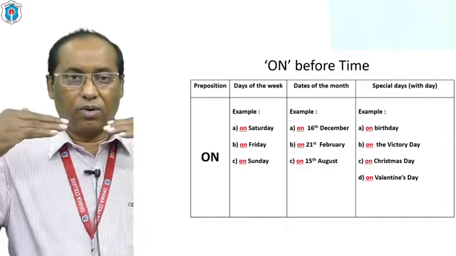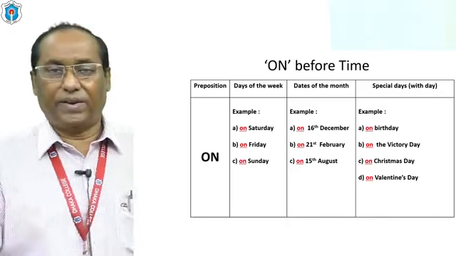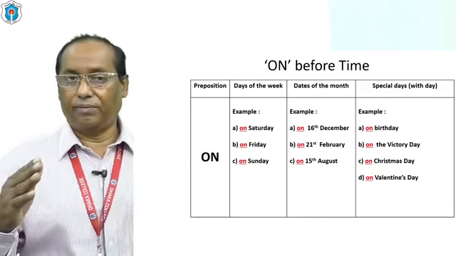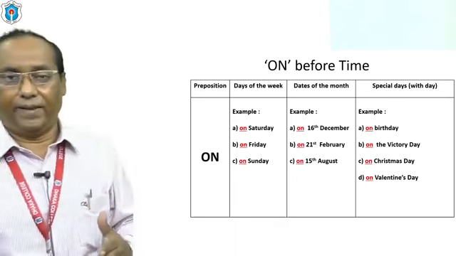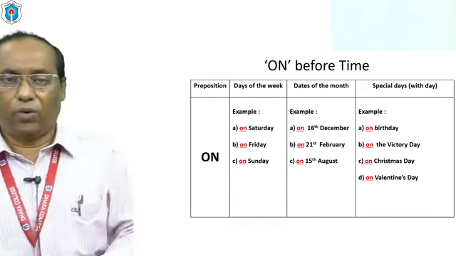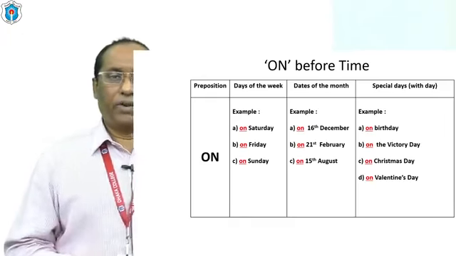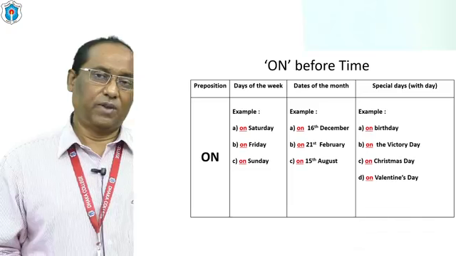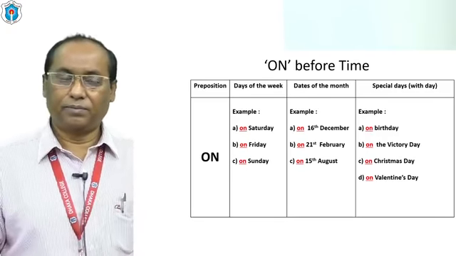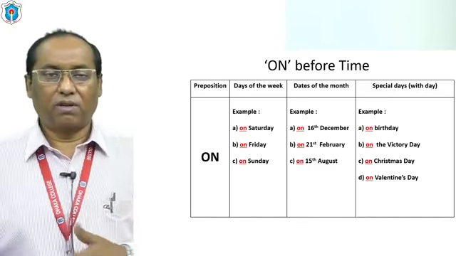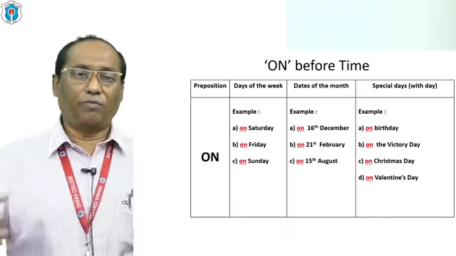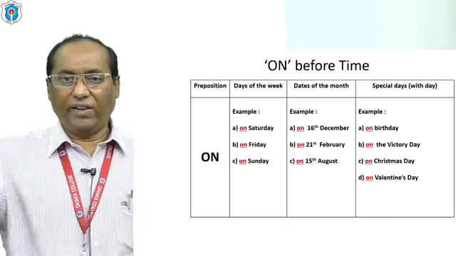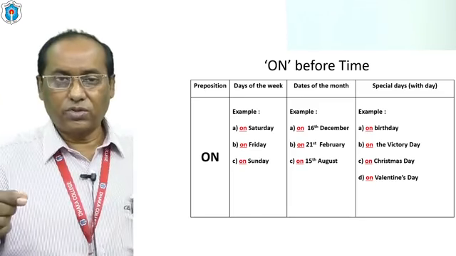When you say any name of the day of the week, you must use on, right? Then on is also used before dates of the month, for example, on 16th December, on 21st February, on 15th August. So before any date, we use on.